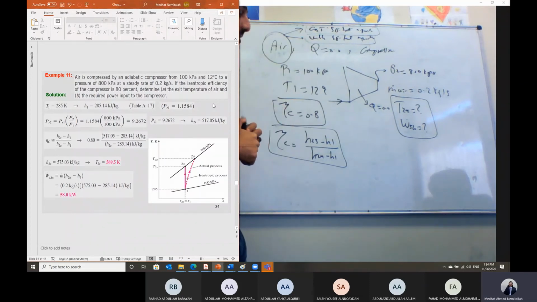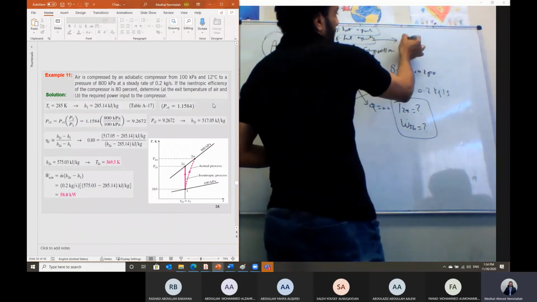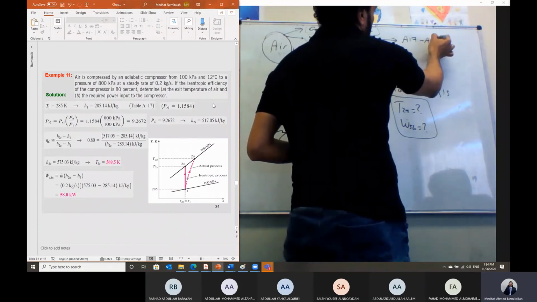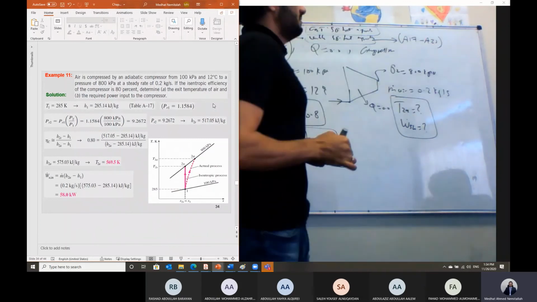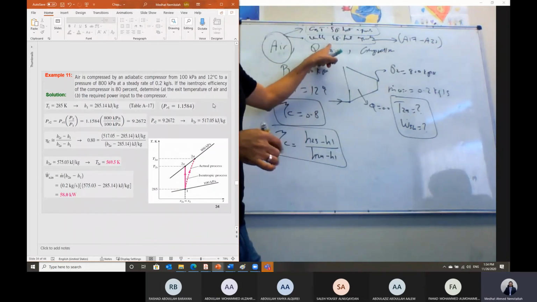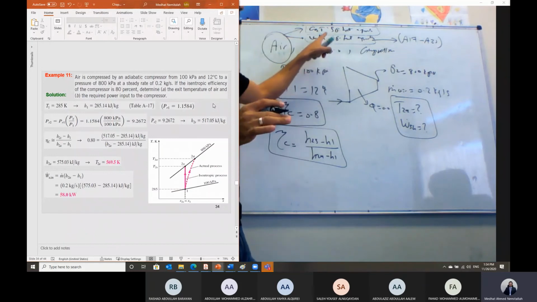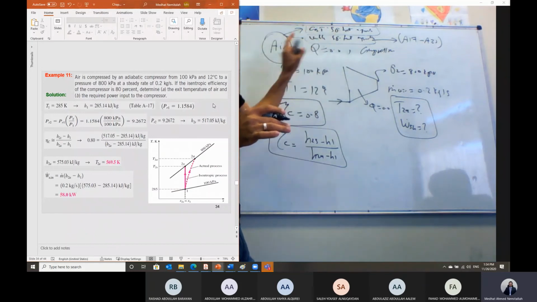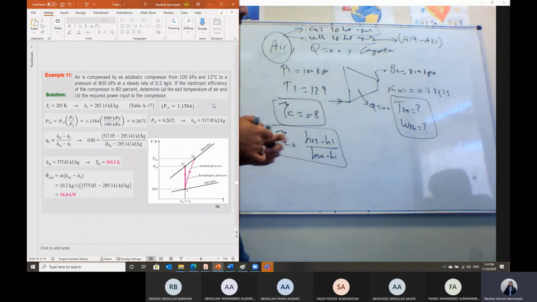I will get h1, h2s and h2 actual from the table values. This is air, so tables A17 to A25 are the variable specific heat tables. In your exam, I will tell you which one to follow, constant or variable specific heat. But let's solve using the variable specific heat.